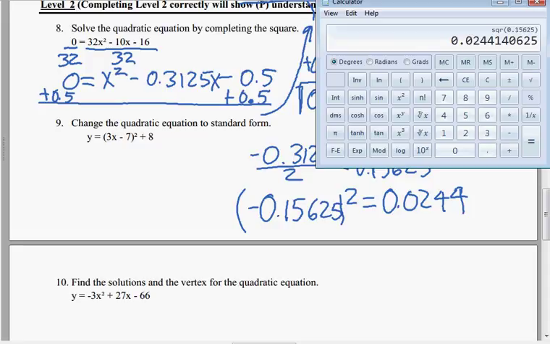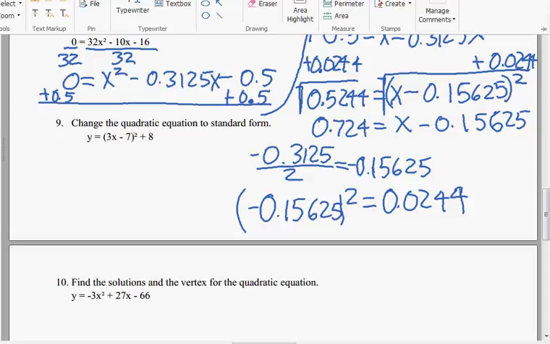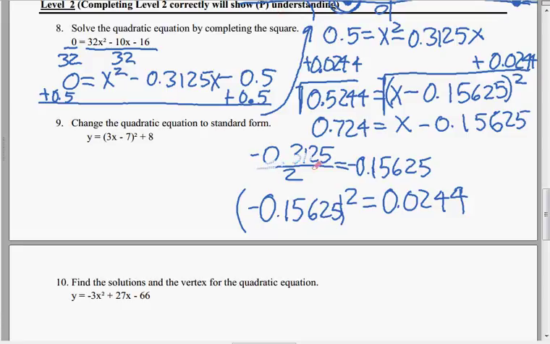If I go back to the calculator, I add 0.5 to this, and I take the square root of that, 0.5244, so 0.724 equals x minus 0.15625. And I need to clear some space here. I'm already lapping over to the next problem, so I'm just going to erase. Now that I'm done with that, I can erase this.